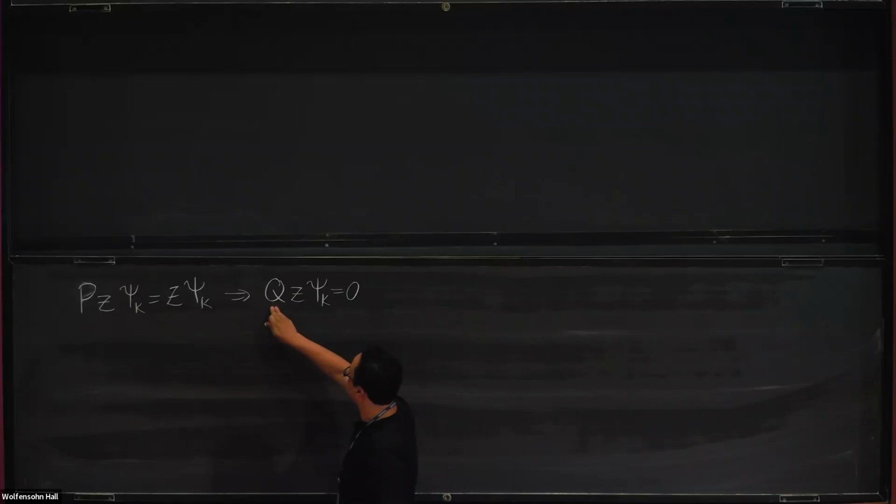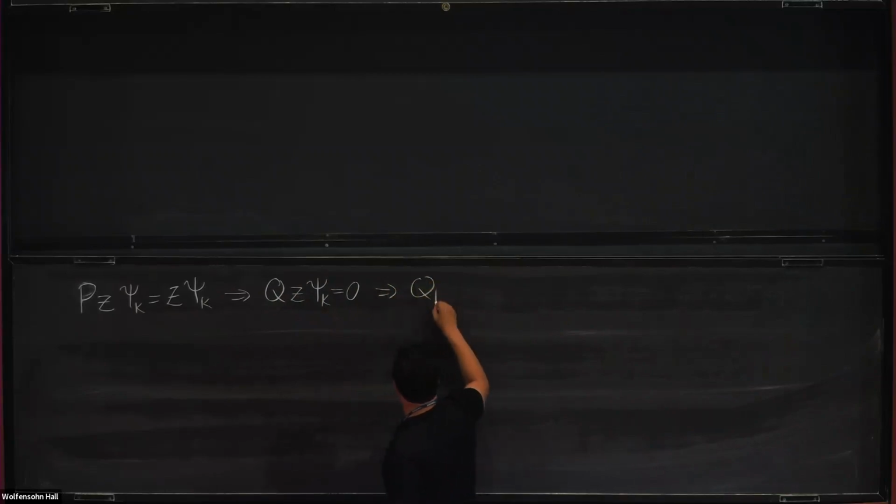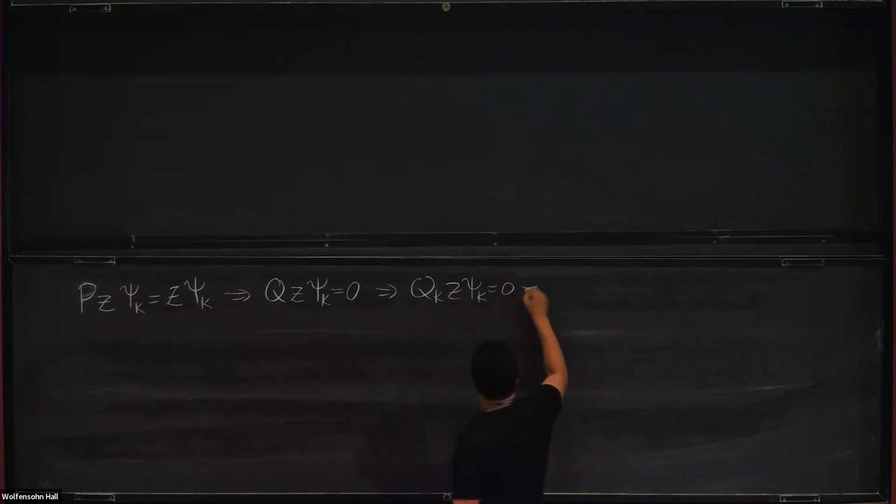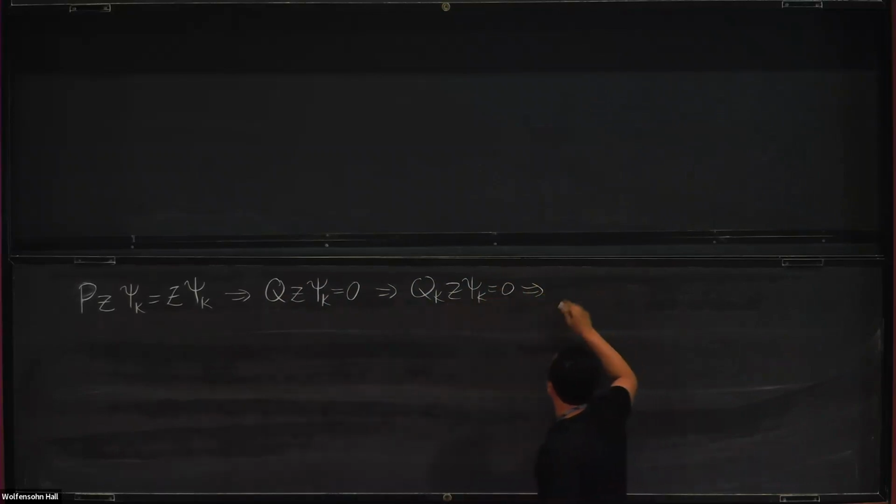And this Q can be decomposed into orthogonal projections at different momenta. So this leads to the equation, which leads to the kind of derivation we had yesterday. So we can then find this.